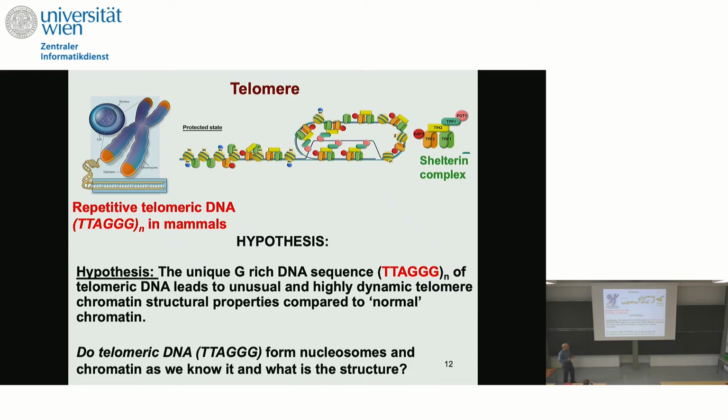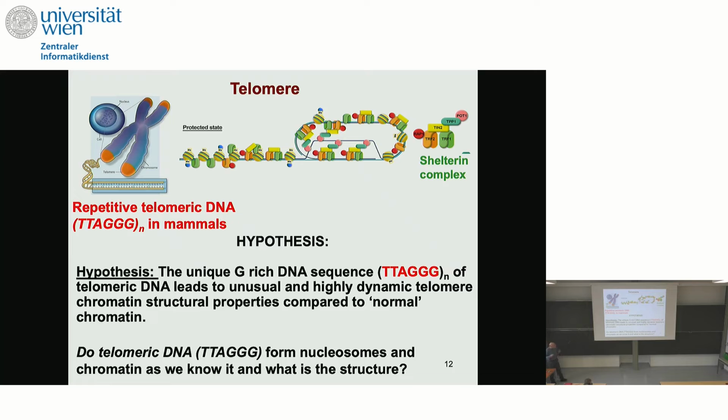understanding and asking the question, what is the structure of the telomeric nucleosome and the telomeric chromatin? Of course, the telomere has a unique DNA sequence. In mammals, it is comprised of TTAGGG, which is just repeated for 15 kilobase pairs. So there is no positioning information.